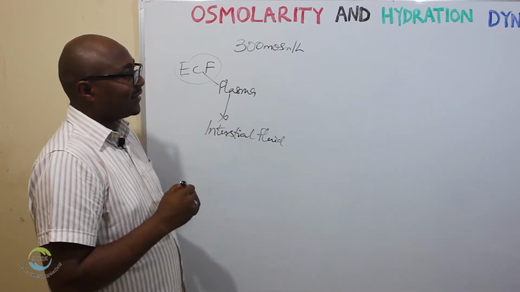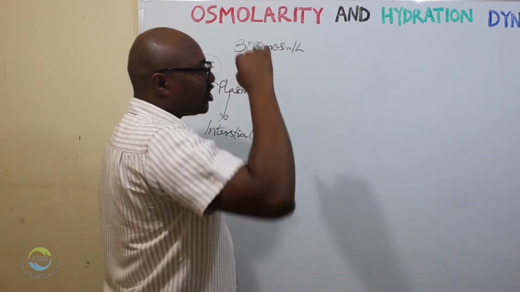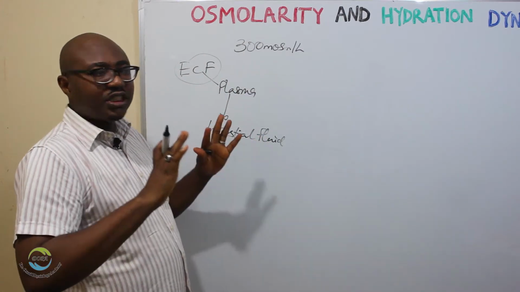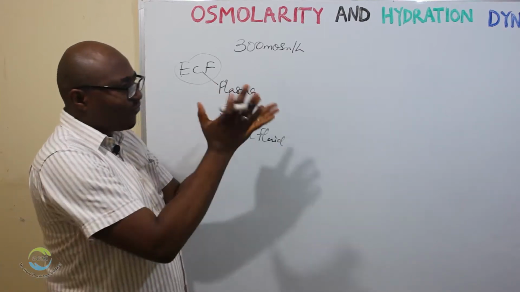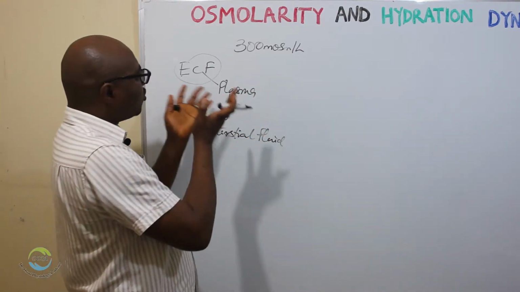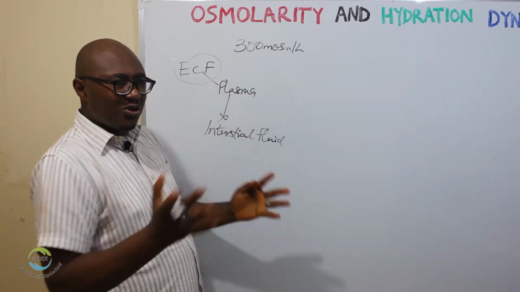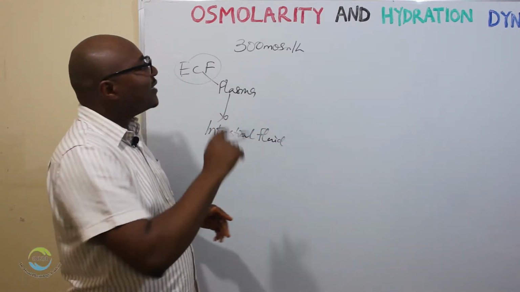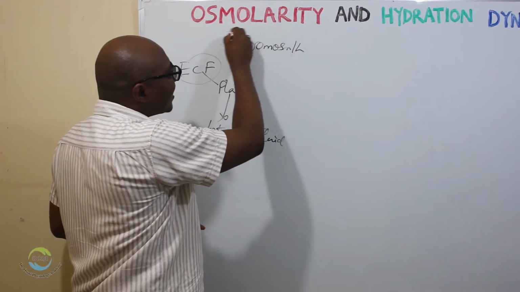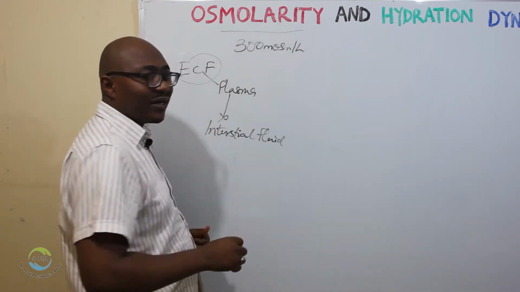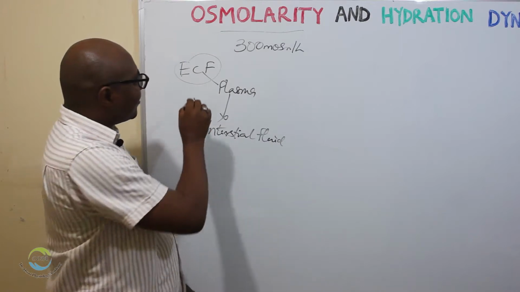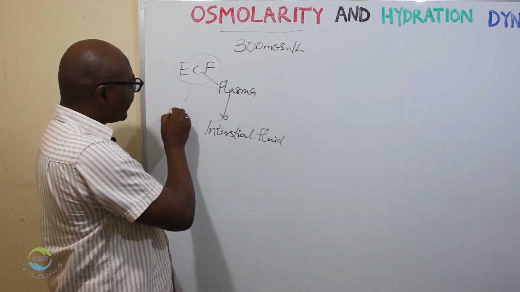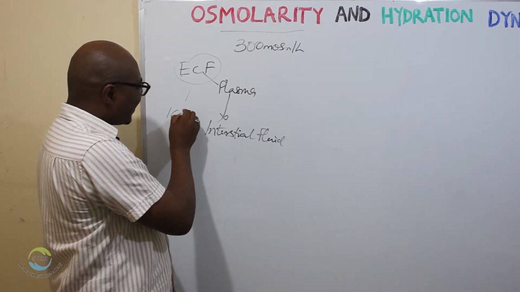In the sense that if there is a change, especially a sudden change in the hydration, there is loss of water. That's the ECF volume, sudden loss or sudden gain. Most times, it can affect the osmolarity. And when it affects the osmolarity, there is a problem. It will affect the cell size.